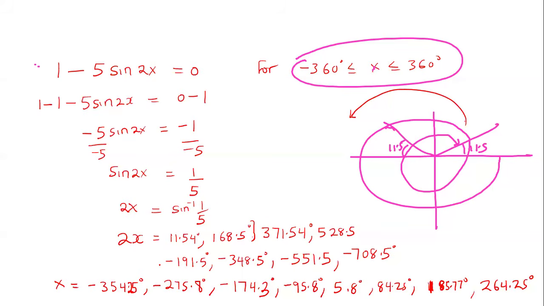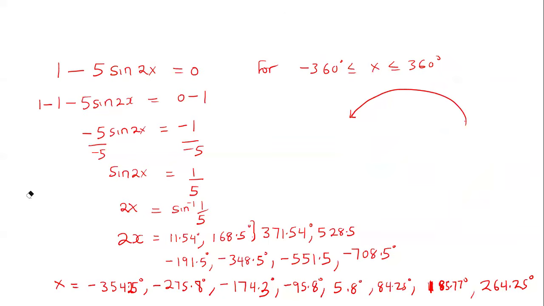And you'll notice that when you pick any of these angles, always to prove your answer, I'm going to just pick one angle here. I'll say 1 minus 5 sine of 2 times, let me say, I pick 5.8.